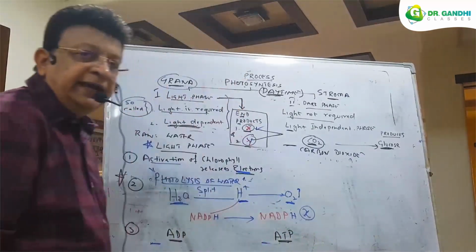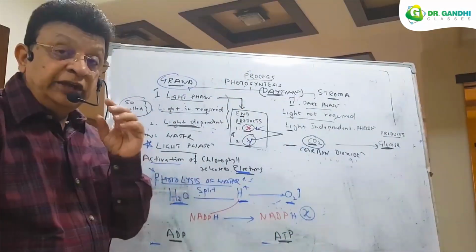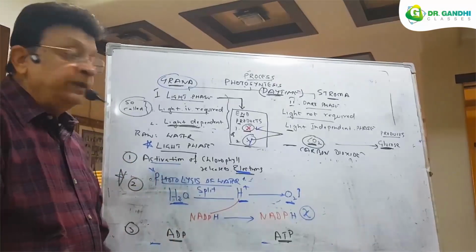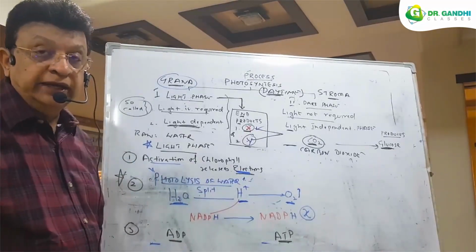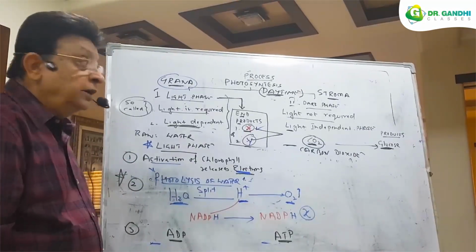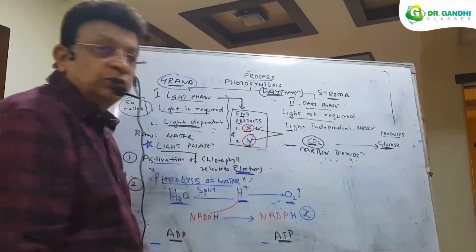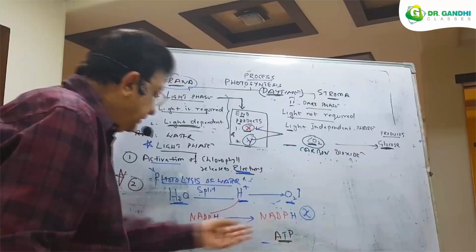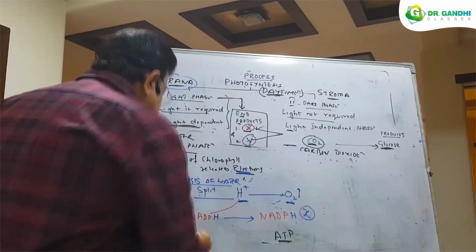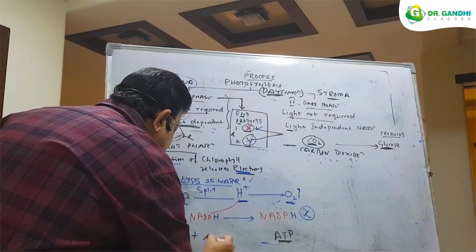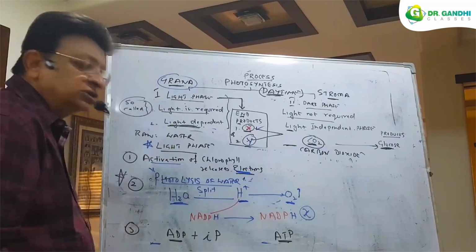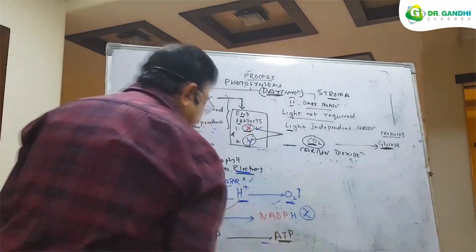But how to get the ATP? The only process we knew was respiration. And in respiration, glucose is broken down to release energy in the form of ATP. But in photosynthesis, we cannot break glucose. We have to produce glucose. Then how to get the ATP? It's very simple. To the ADP, let us say, attach an inorganic phosphate. Obviously, I will get ATP.